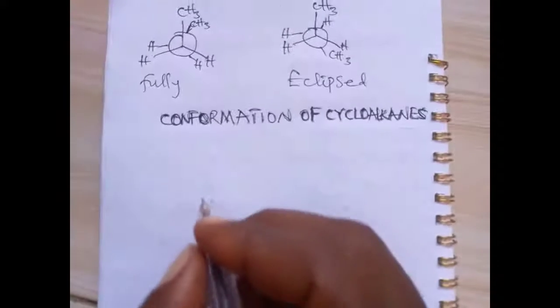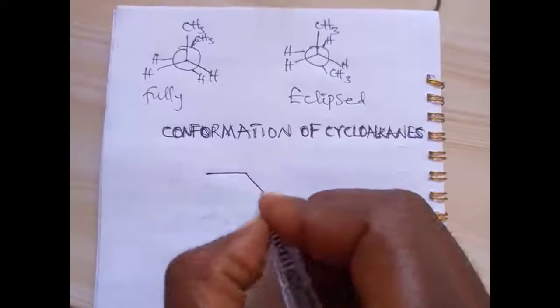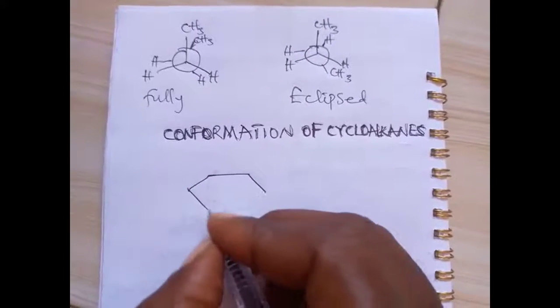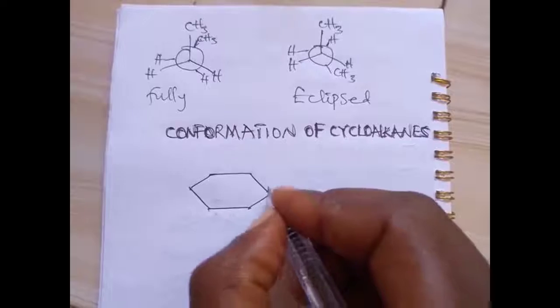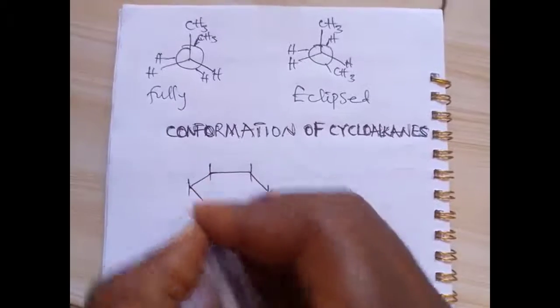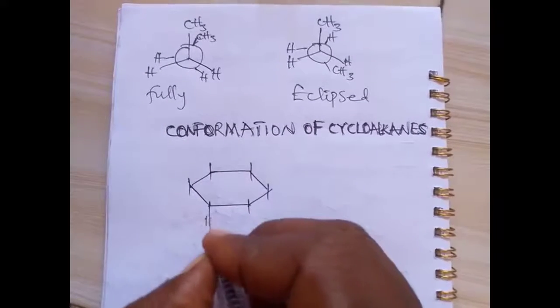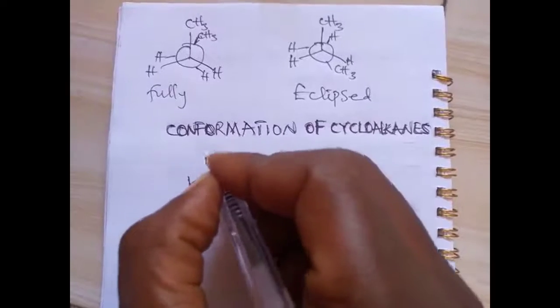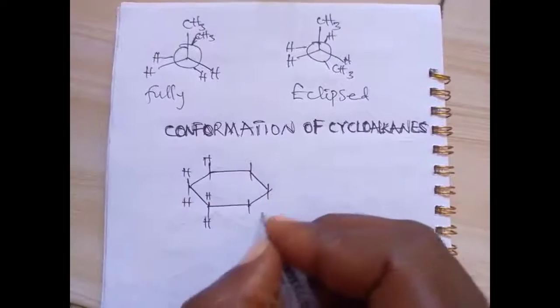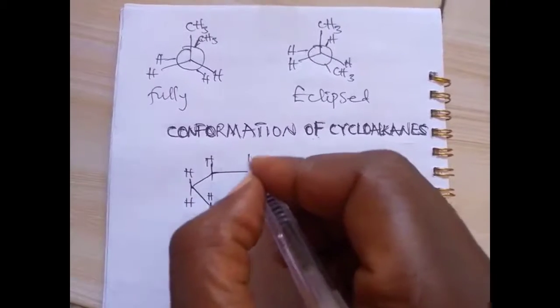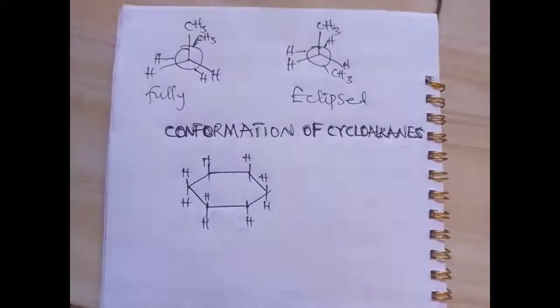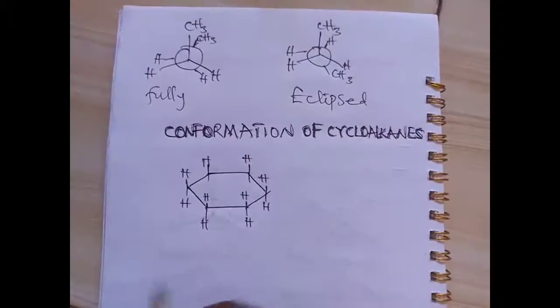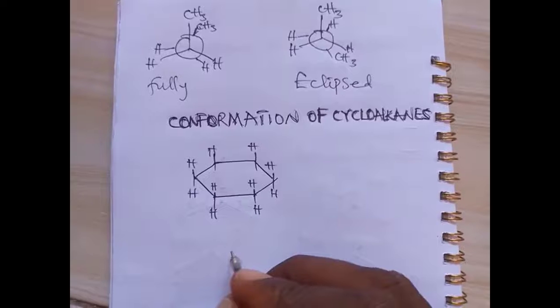Now this is the normal planar conformation of cyclohexane.